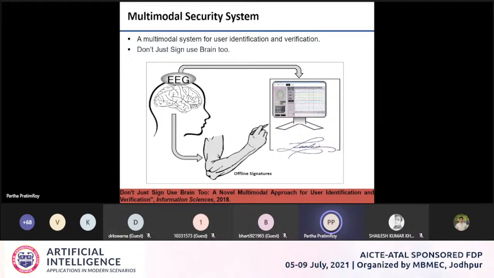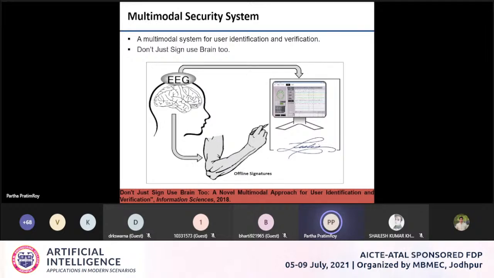So a multimodality system is also possible in this EEG based framework. One could think of EEG with handwriting. For example, when I make my signature, during that time I collect my EEG signals. I have made several strokes, like ascenders or descenders.